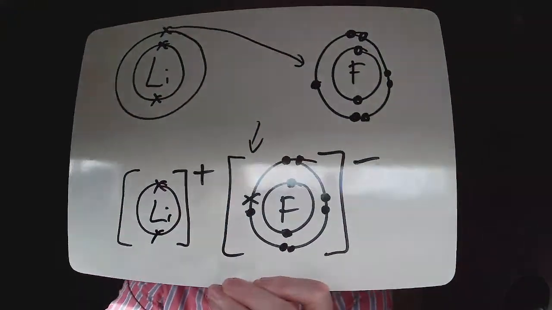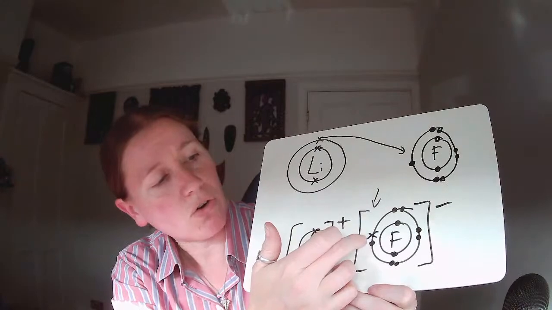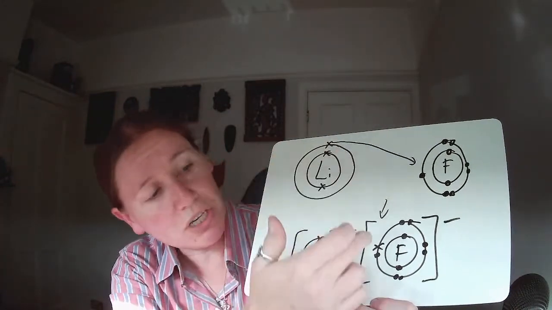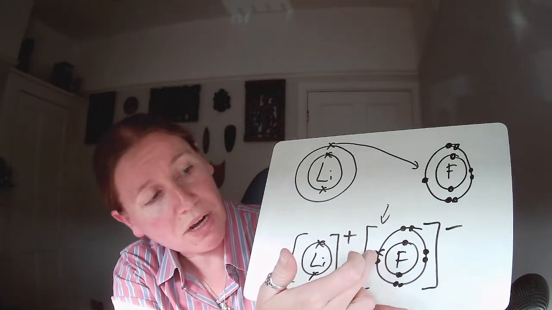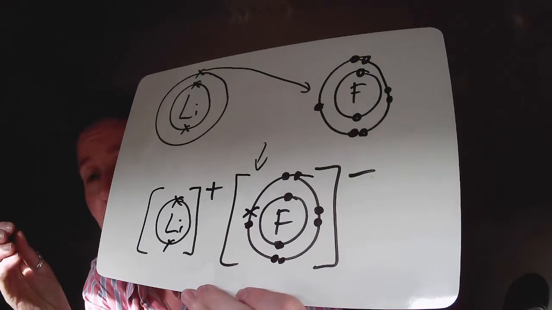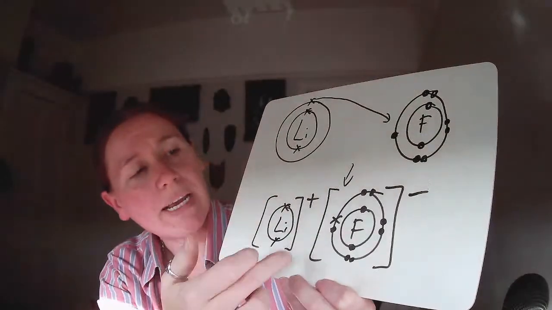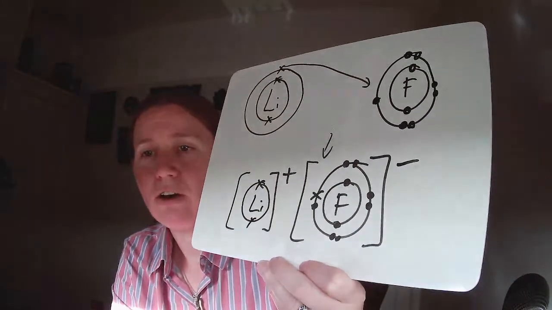We're going to show that electron as a cross, because it started with lithium where it was crosses, therefore when we draw it in fluorine it must be a cross as well. Be careful to make sure that you don't just randomly change it to a dot. Put the square brackets around it and the charge on the outside as well.